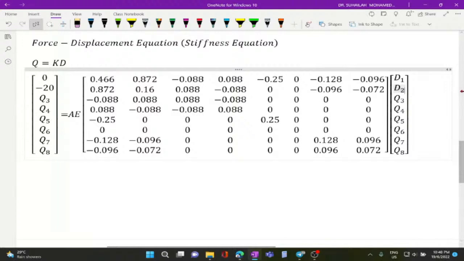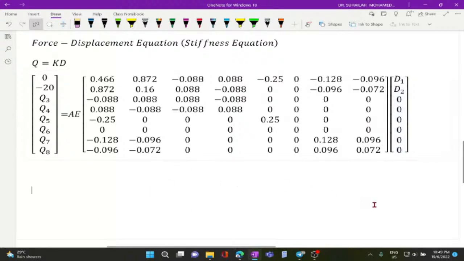And then at position 3 until position 8, because it actually represents displacement at support, so there is no value, because displacement at support equals 0, unless there is a support settlement.